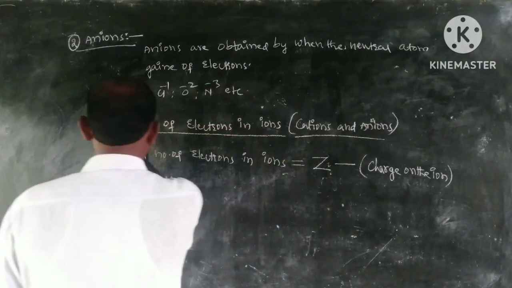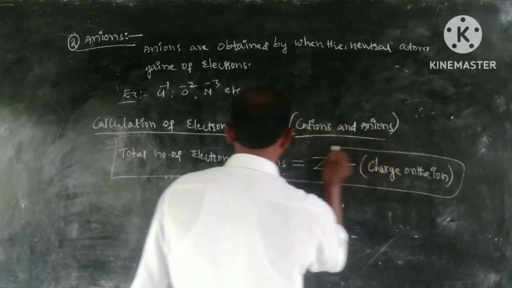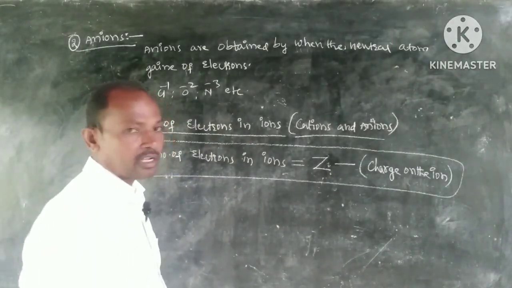So this is the principle for the calculation of electrons present in ions.